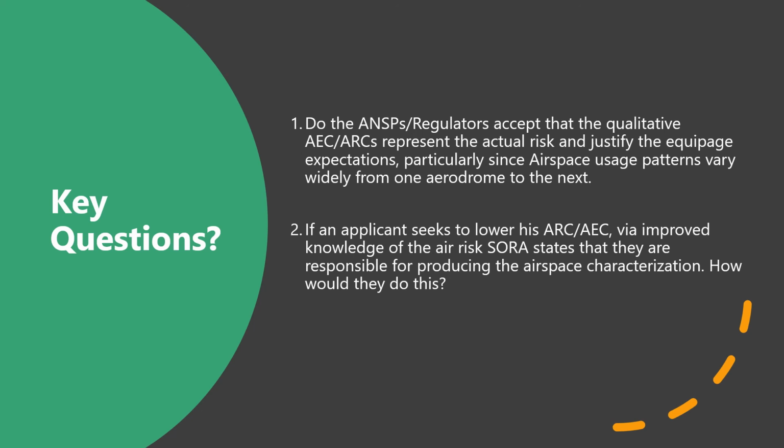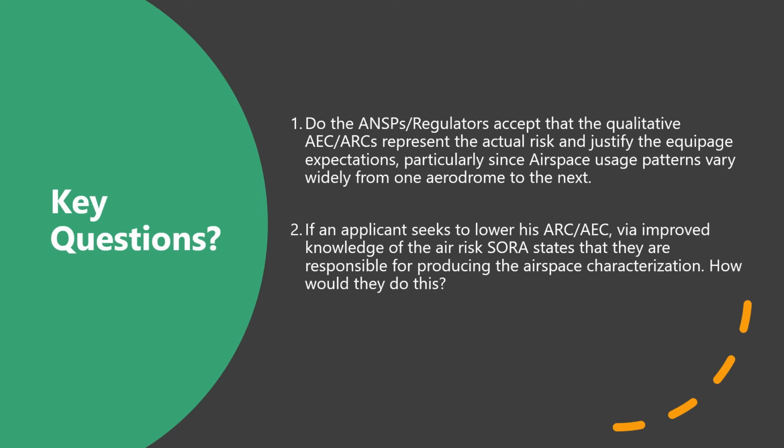So pertaining to the use of Annex C, there's probably 2 core questions that I get asked reasonably consistently, and that is, do the regulators accept that the qualitative AECs and ARC representations represent the actual risk and justify and link in a tangible way to the equipage expectations, particularly since airspace usage patterns vary widely from one aerodrome to the next?